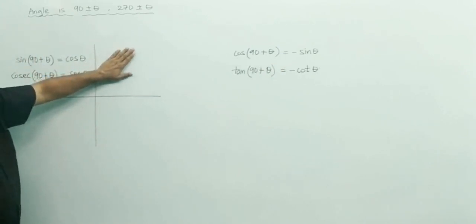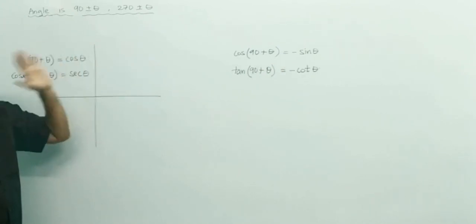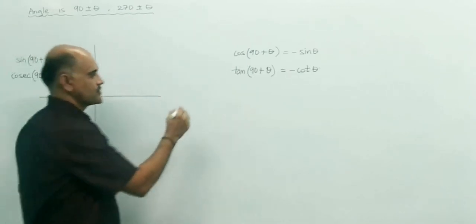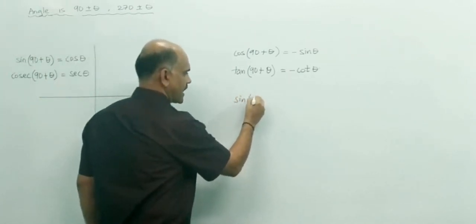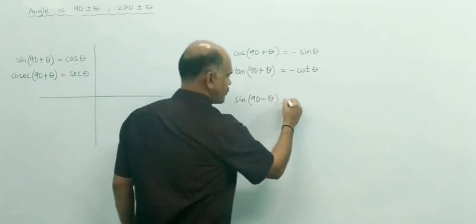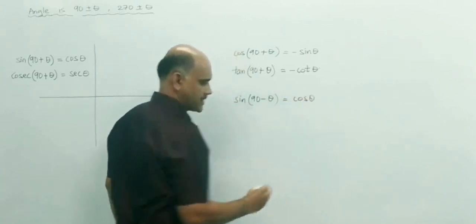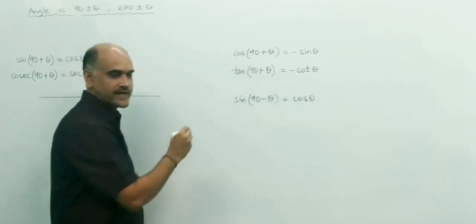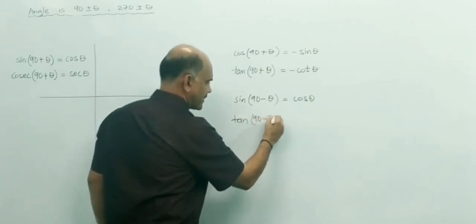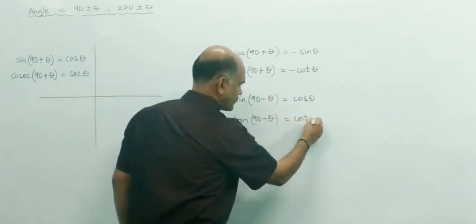If you take first quadrant, in first quadrant all will be positive. Even in 10th standard you have studied. So suppose if it is sine 90 minus theta, first quadrant, so it is plus cos theta. If it is tan 90 minus theta, it is cot theta.